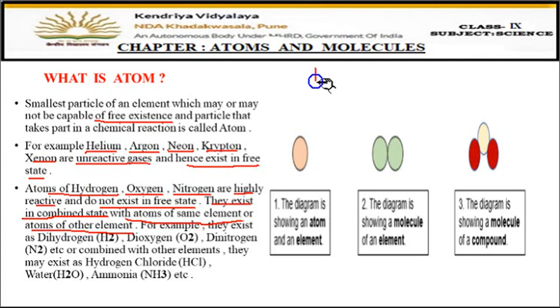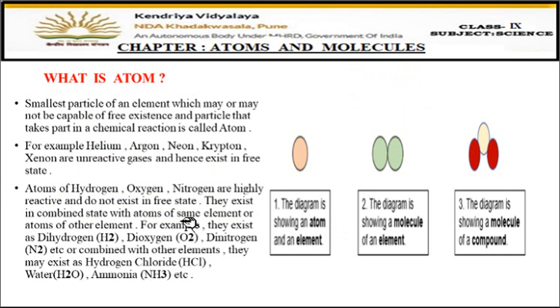Like, suppose this is hydrogen. Okay, so we are saying that hydrogen is very reactive. So what will the hydrogen do? Hydrogen will react now. So hydrogen can react with another hydrogen atom also, and it can make H2 gas. Fine, so this hydrogen atom can combine with other hydrogen, means they can combine with the same element also, or they can combine with the atoms of other elements also.